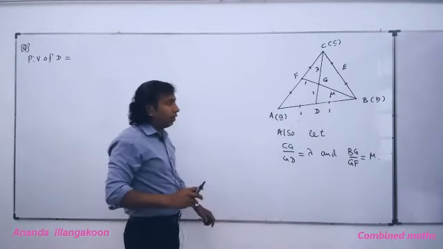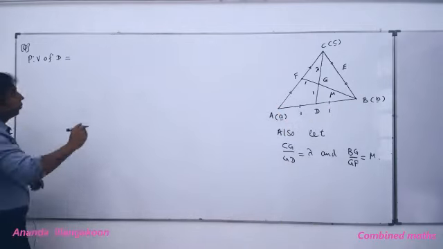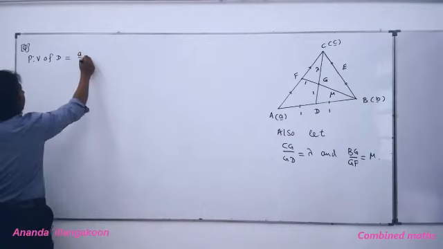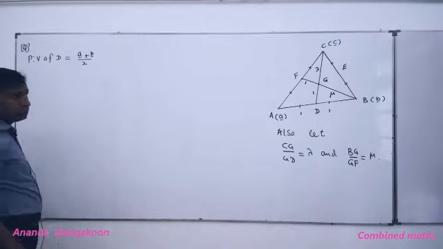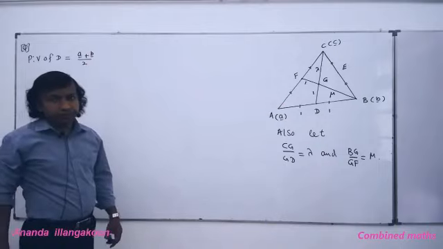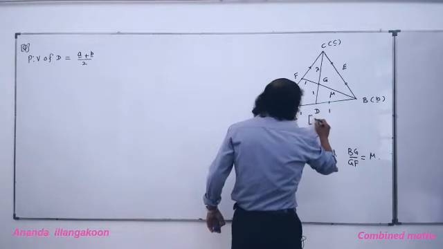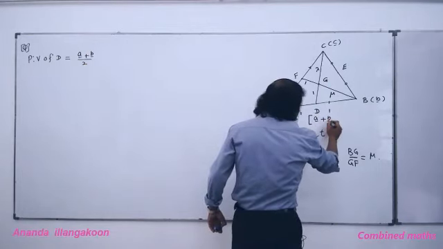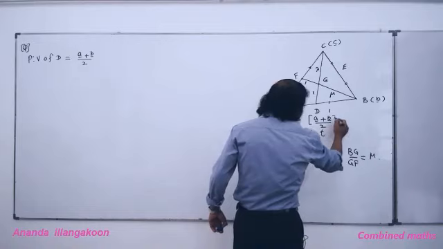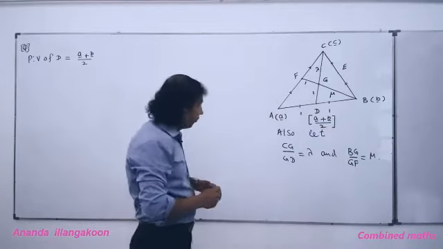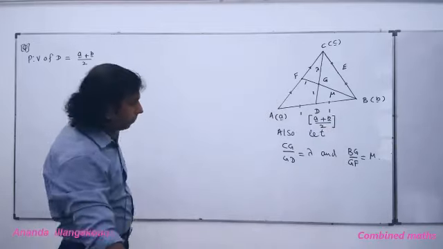What is that? A plus B by 2, no? A vector plus B vector divided by 2. Then the position vector of D is a vector plus b vector by 2.